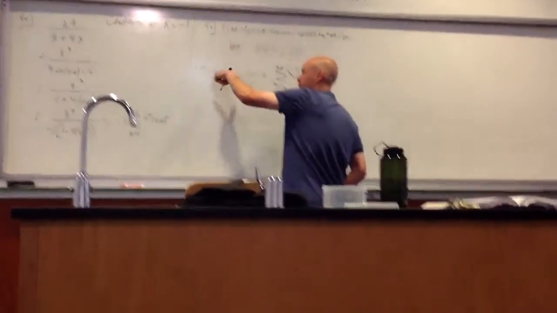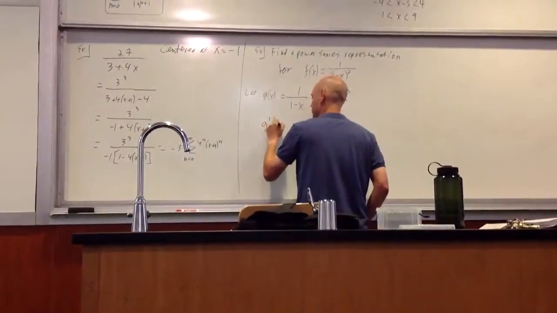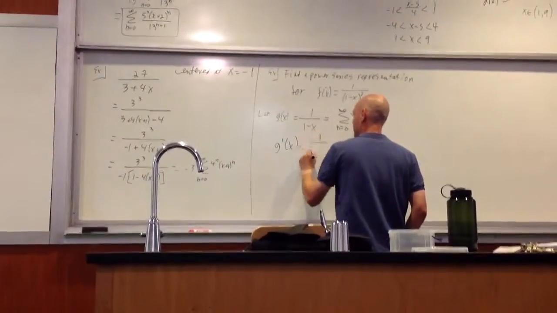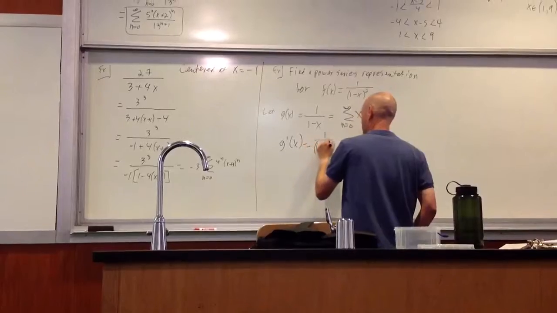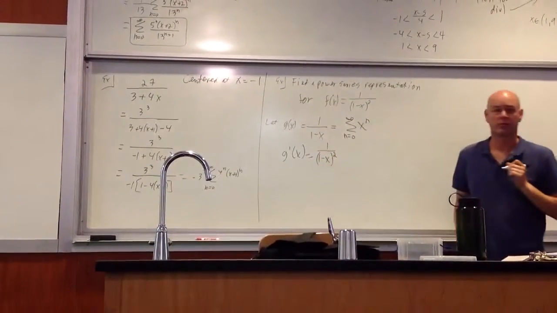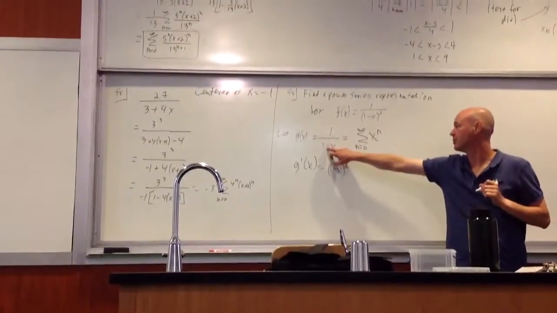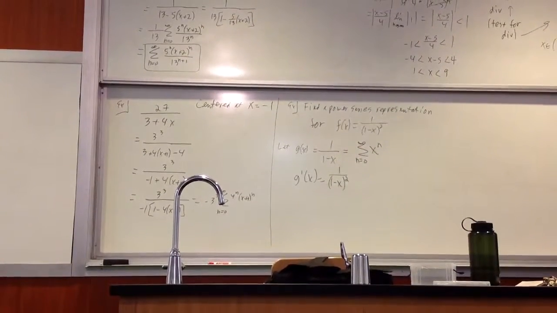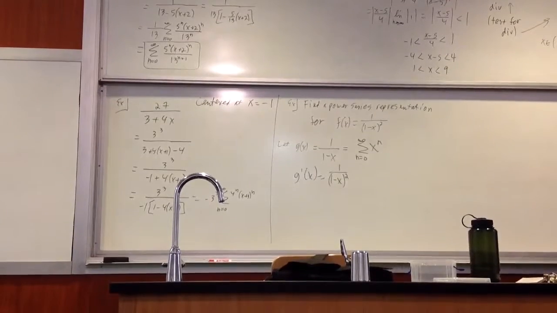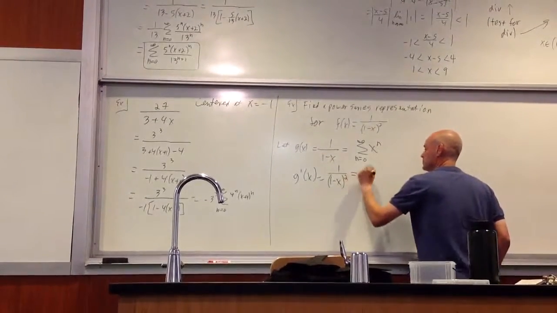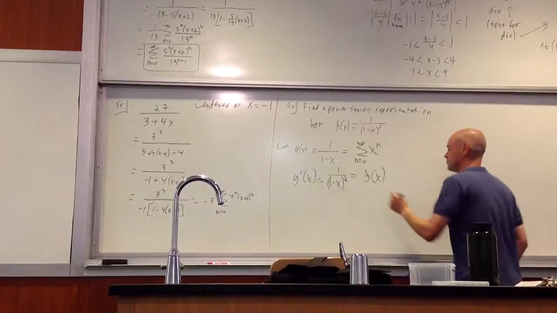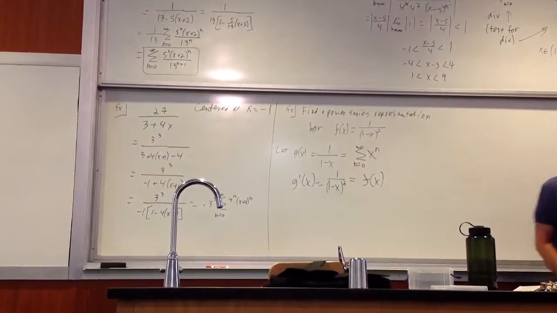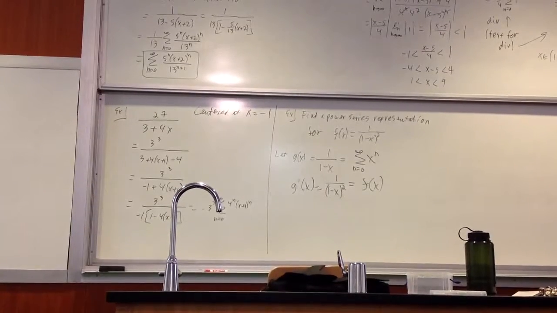I'm going to take the derivative of this. You get a -1 that comes out in front, but the derivative there is also a -1. It's looking to me like the derivative of g of x is equal to the function we're looking for.